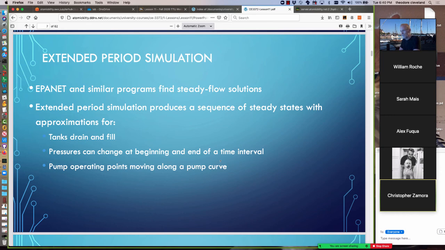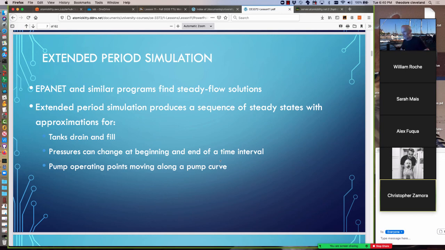So what the extended period simulation procedure enables is it produces a sequence of steady states, and within that sequence there's approximations provided for tanks draining and filling, and pressures at the beginning and end of a computational time interval, and to allow pump operating points to move along a pump curve.